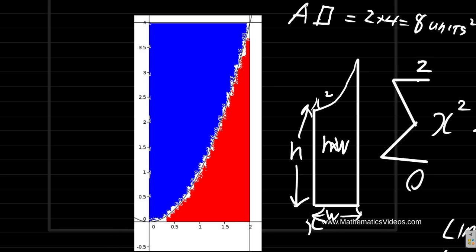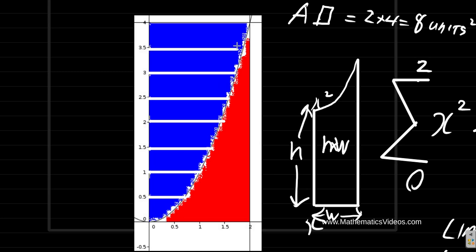Here, what we can do is divide up horizontally, so you divide the y axis into rectangles. Alright?